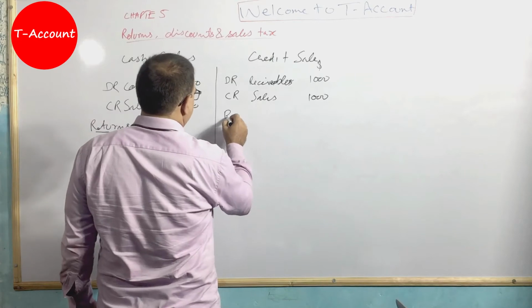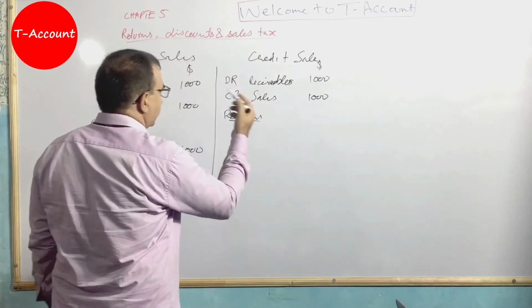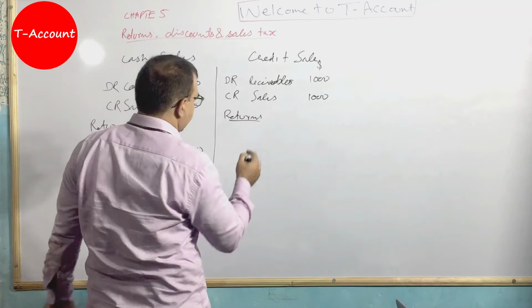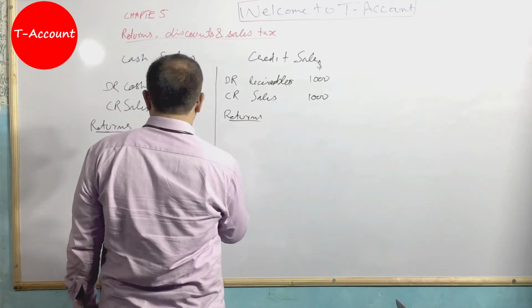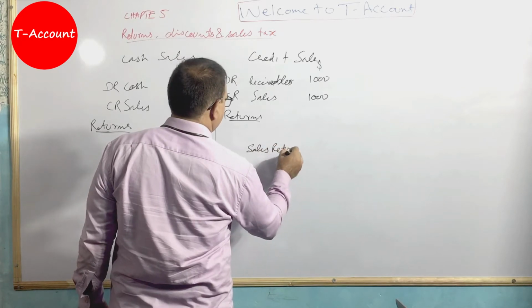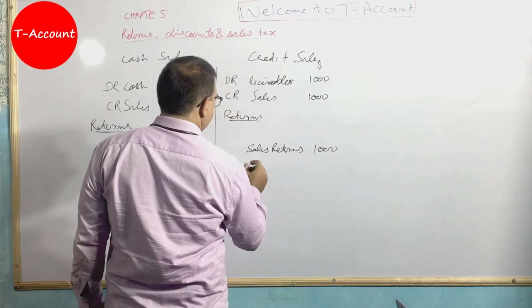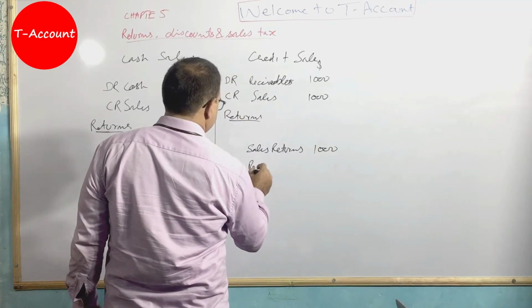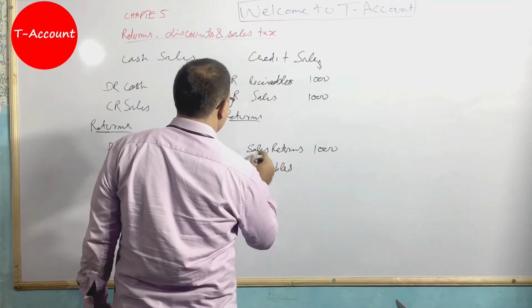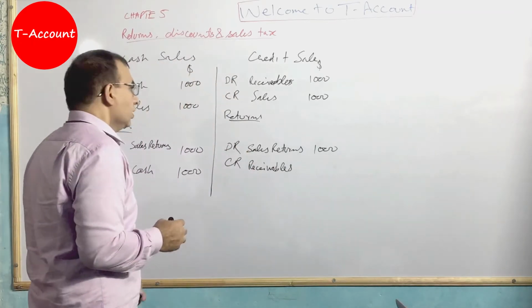But when returns come in, simply you reverse this, but instead of debiting sales, you debit the sales returns account and credit receivables.